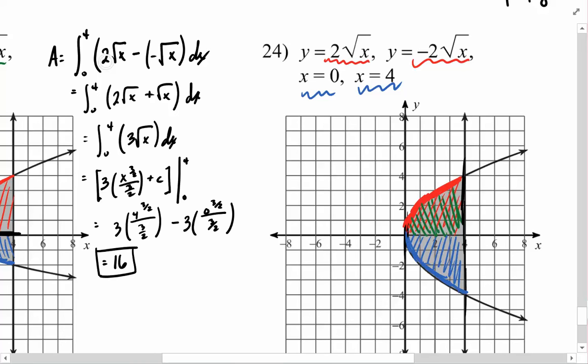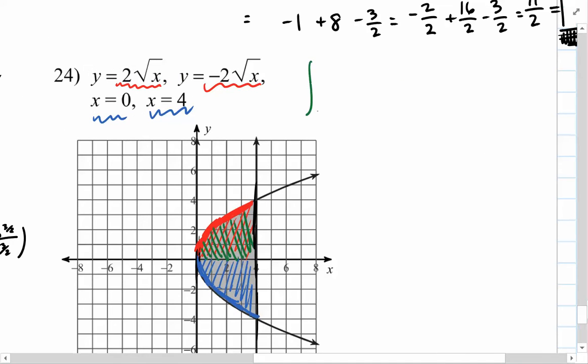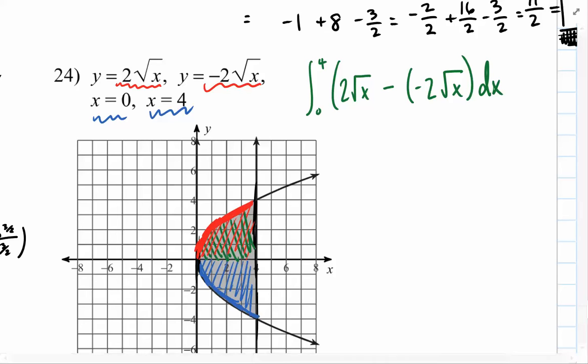Instead of the integral from 0 to 4 of 2 times the square root of x minus a negative square root of x, I want you to find the integral from 0 to 4 of 2 times the square root of x minus negative 2 times the square root of x with respect to x.